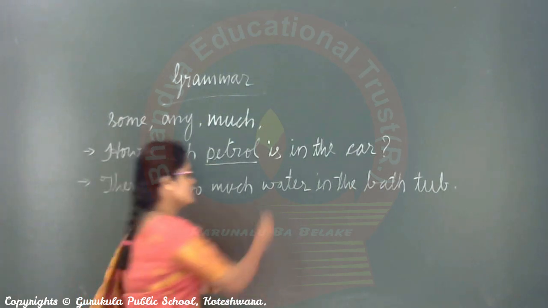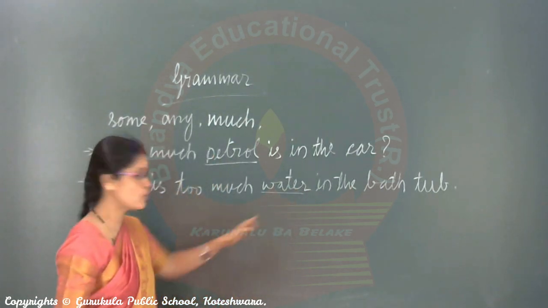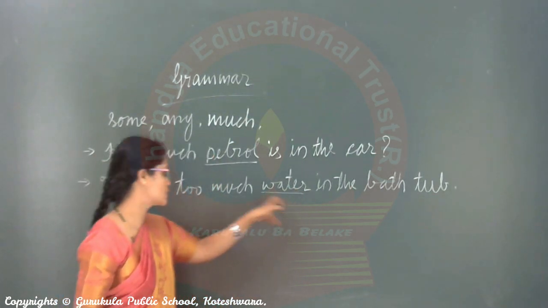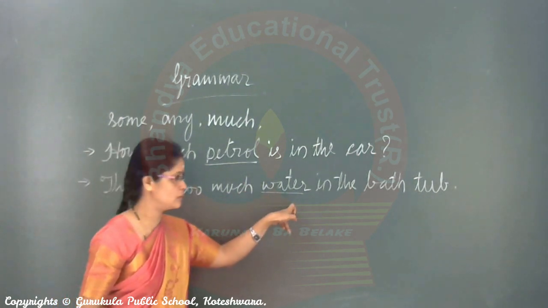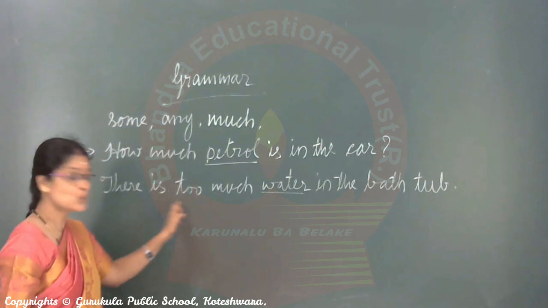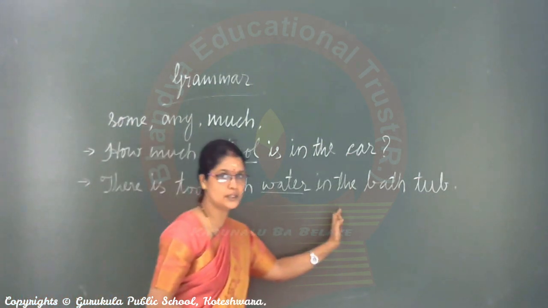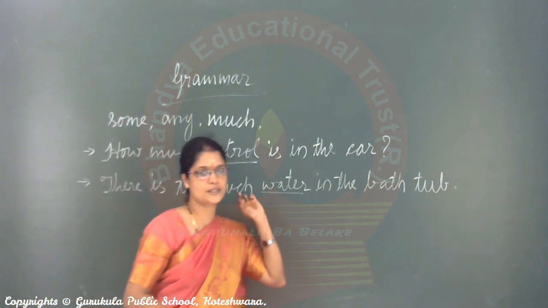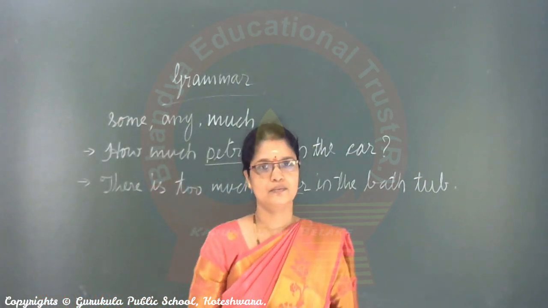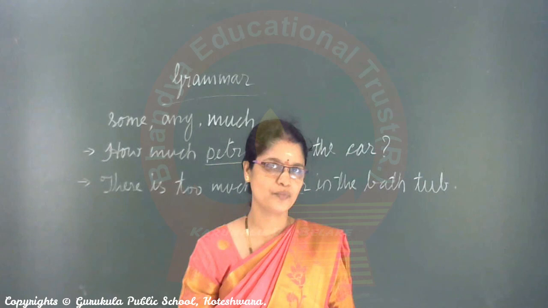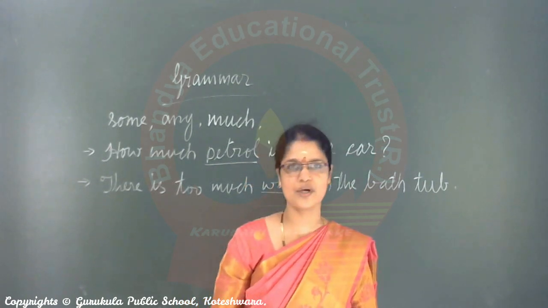Here see, water is uncountable. Now water we cannot count. And I have used much with an uncountable noun. Understood? There is too much water in the bathtub. Like this. Next, who will create one more example? Who will create? Yes, please remember and create fast.